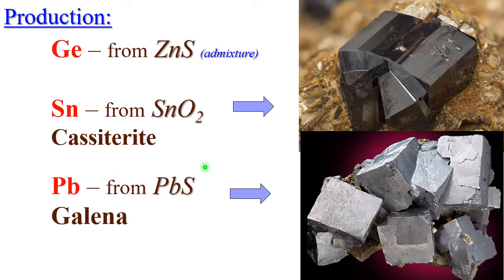The most common lead ore is galena, which is lead sulfide. There is a town in Illinois named Galena, known for lead sulfide mining.